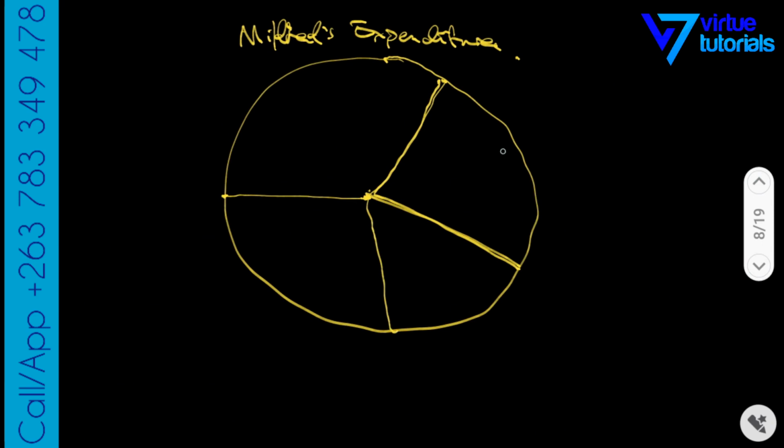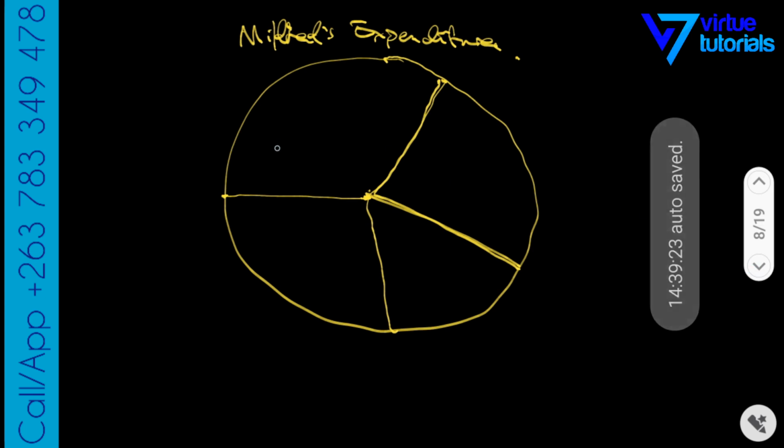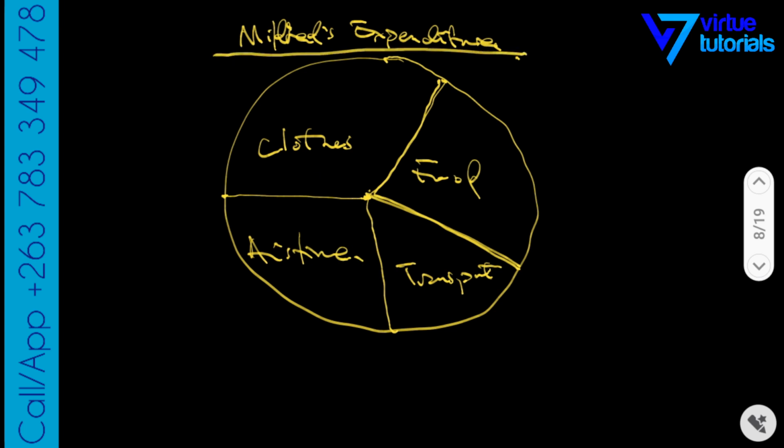Once I've done that, I can simply label my sectors. The first one was clothes. The next one was food. The next one is transport. And then the last one is airtime. So with the compass and the protractor, this should be a nice circle with properly measured angles.